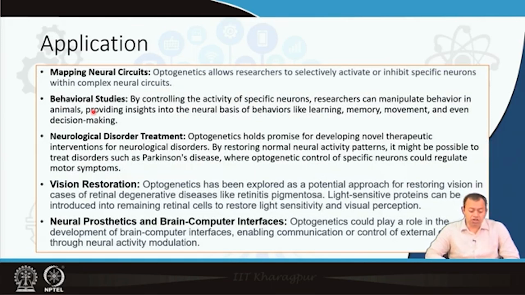And what are the applications? We map neural circuits. This is the main and significant application. The entire brain, neuron by neuron, could be mapped in a mammal, and each neuron could be identified with its specific functions, specific group of functions, instead of thinking that this part of the lobe of the brain is associated with senses and this part is associated with language and this part is associated with attention and concentration.